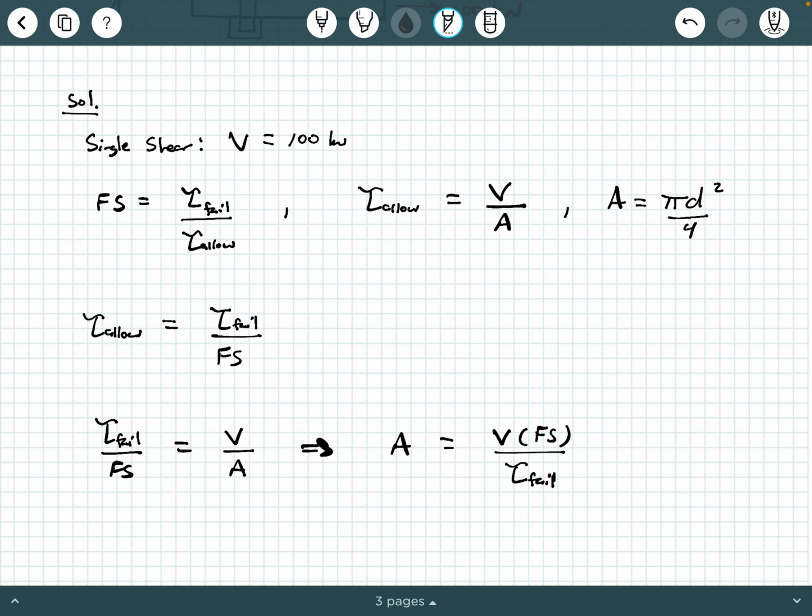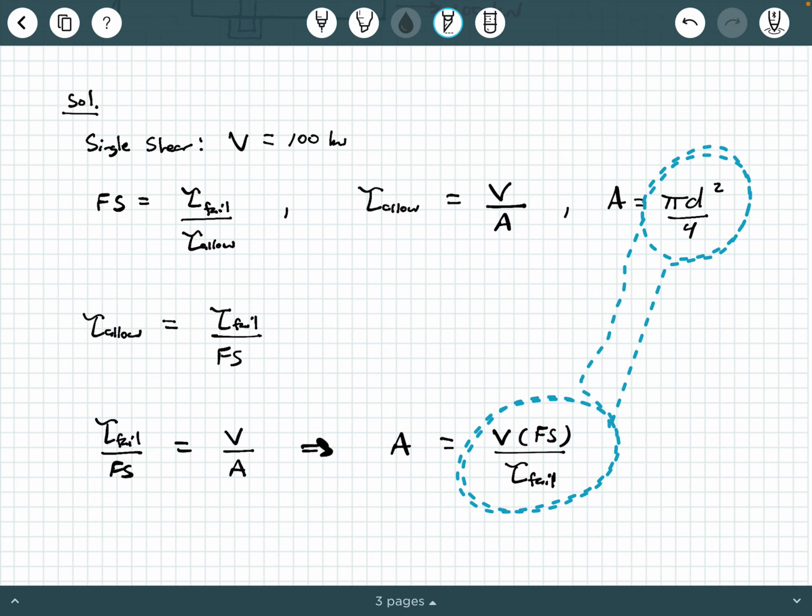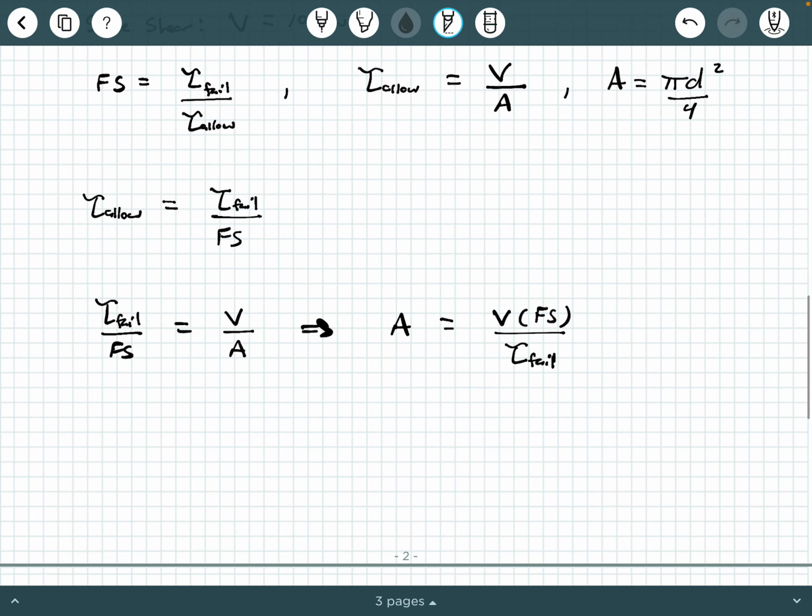Now, we know that A and A are the same thing, so that means I can set V times Fs over tau fail equal to pi d squared over 4, right? So I'm going to say V times Fs over tau fail equals pi d squared over 4. All right?